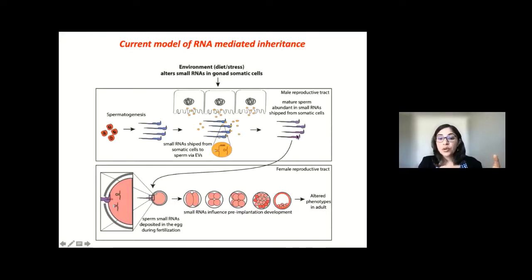And then when sperm fertilize the egg, they send these molecules to the egg, which changes some early embryonic development, which could have an effect on adult health. Many questions are open here, which we don't know the answers to, how all of these different steps happen. We are just getting early clues to the potential mechanism.